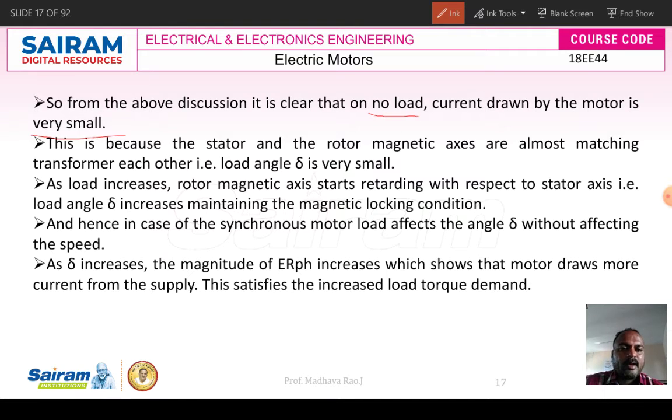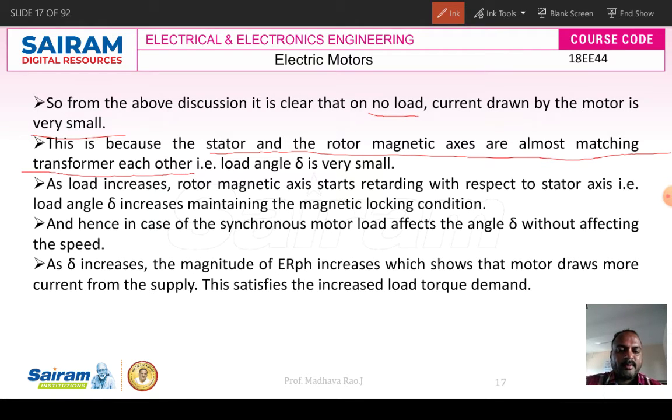the stator and rotor magnetic axes are almost matching, like a transformer. In a transformer we have seen the phasor diagram and equivalent circuit. According to the phasor diagrams, when there is no load on the synchronous motor, the rotor and stator magnetic axes are almost matching each other.